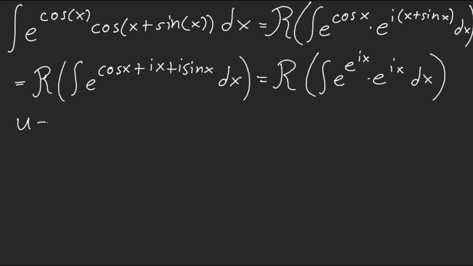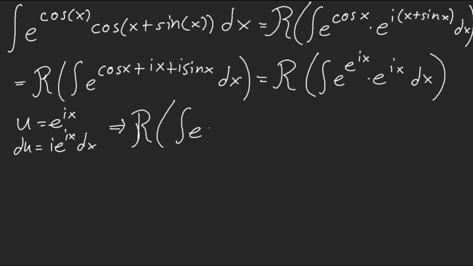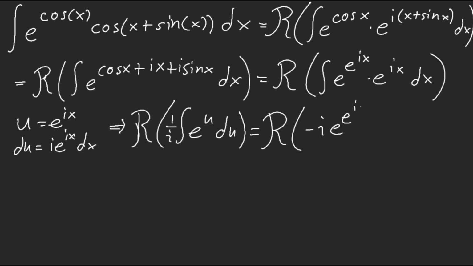Let u equal e to the ix, then du is equal to I e to the ix. So now we have e to the u du of 1 over I, pretty much, which is technically negative I. And so now what we have is negative I of e to the u, which is e to the I x.